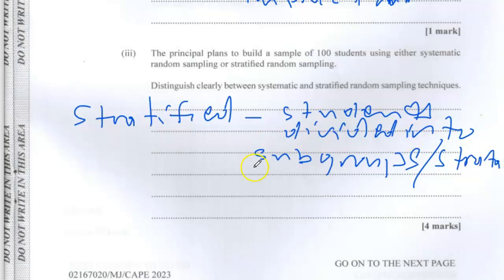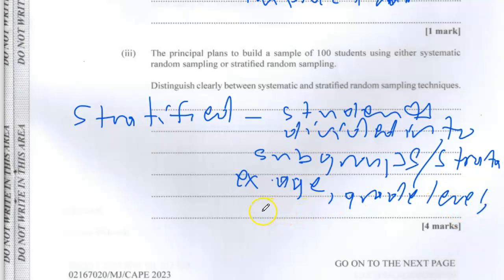And this could be, for example, in terms of their age, grade level, or where they reside, place of residence, alright? Could be in terms of the geographical location. Good?